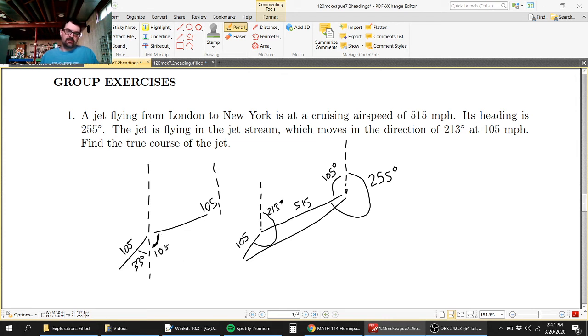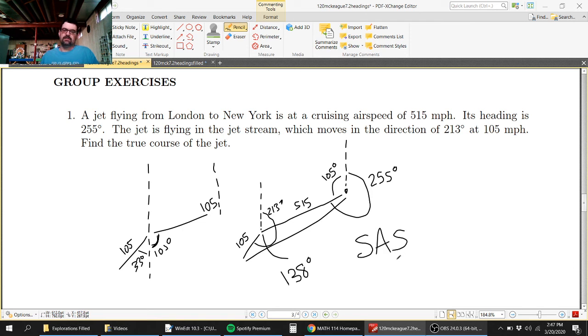So this is also 105. So basically, inside the triangle, we get 105 degrees plus 33 degrees, so inside the triangle there, 138 degrees.